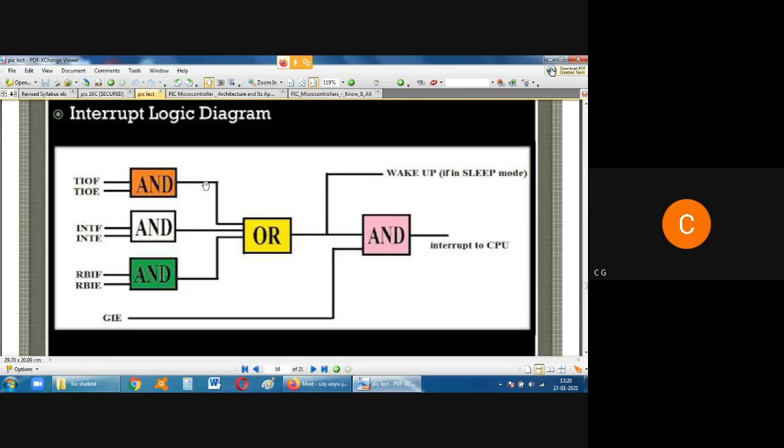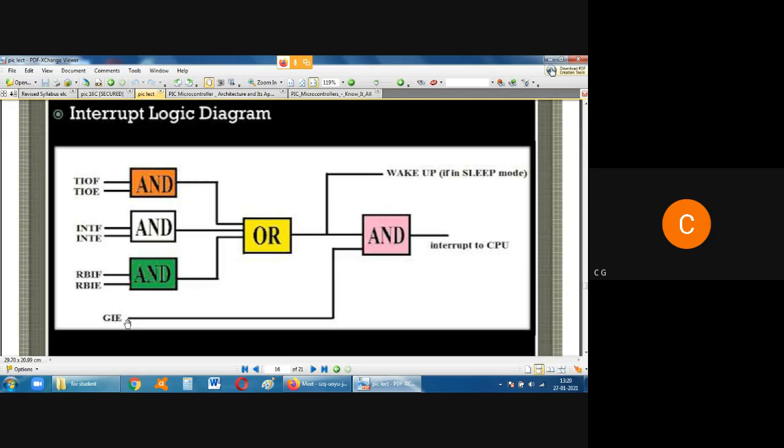An AND gate will give one only when both the inputs are one. Then it is connected to an OR gate, so any one interrupt that comes, additionally this will also be connected with some other thing. So gate enable is a basic AND gate. If it is not enabled, it is not going to give you output. There is a wake up if in the sleep mode.